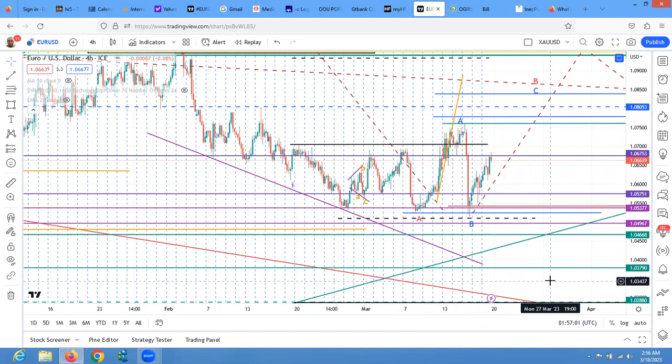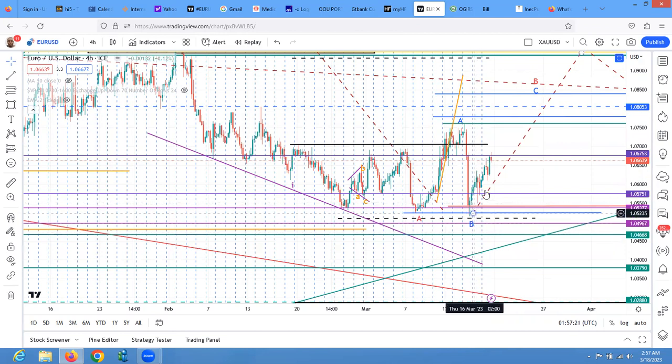That's what I will now regard it as. But now it's still giving me the possibility of an A, a B, and a C, and not WXY. It's giving me an A here and the possibility of a B here, because this structure didn't break to the downside.